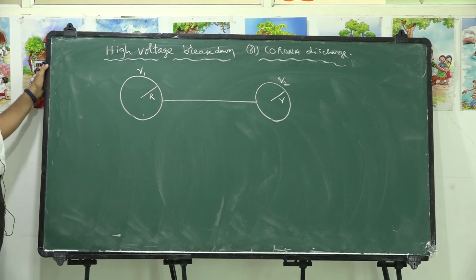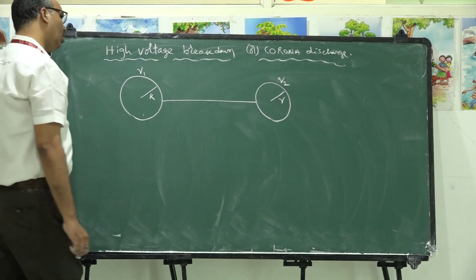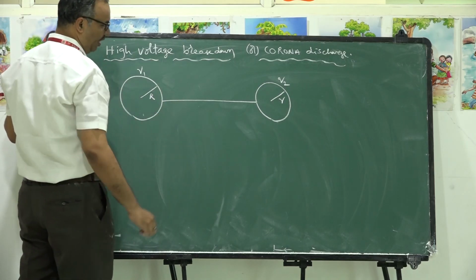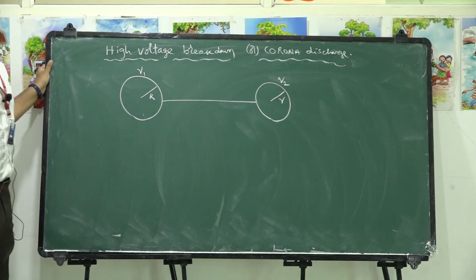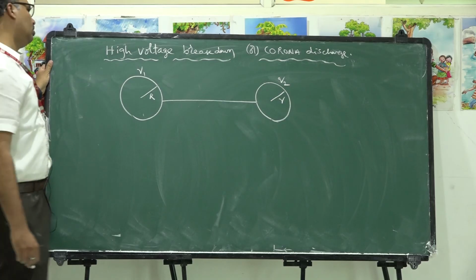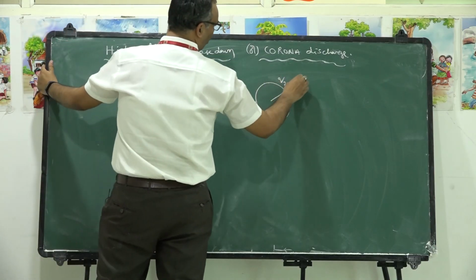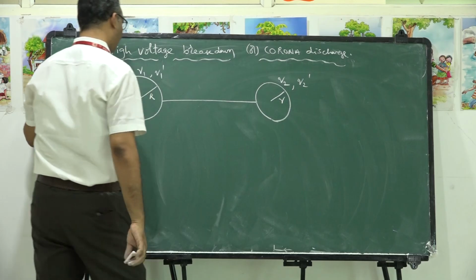Till they attain common potential. All these things are known to you. So final potential on the first sphere and final potential on the second sphere should become equal to one another. After redistribution, their potentials are going to get the same value. Let Q1 dash be the final charge here, Q2 dash the final charge here.